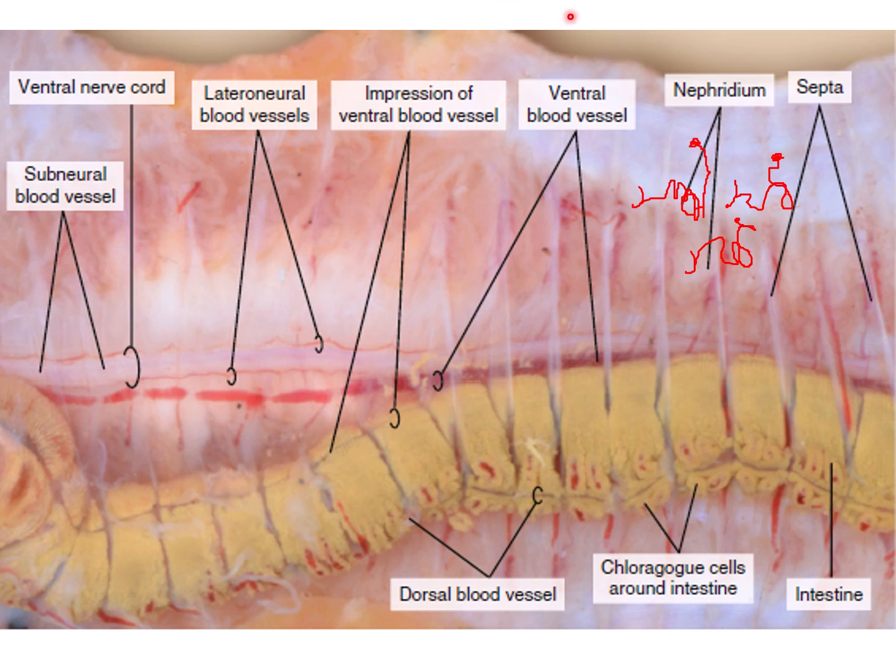So each segment has two pairs of nephridia. These funnel-shaped nephrostomes have cilia to attract the coelomic fluid that is present here.